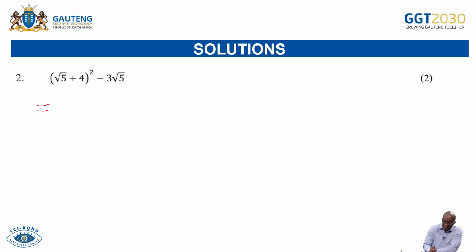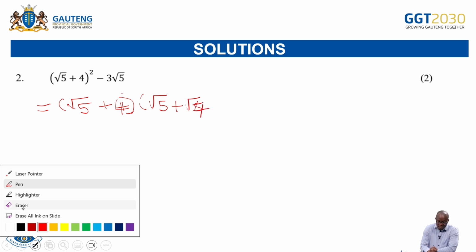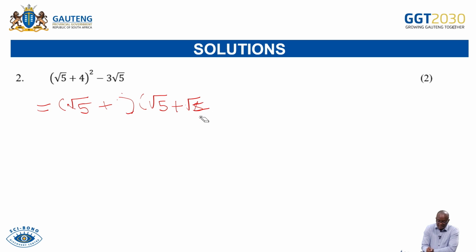Then here, remember they said without the use of a calculator, we can simply just do that. Because of the squared, it means we are going to have 2 of those. Let me write them properly.